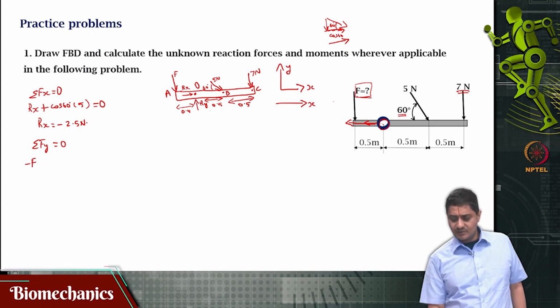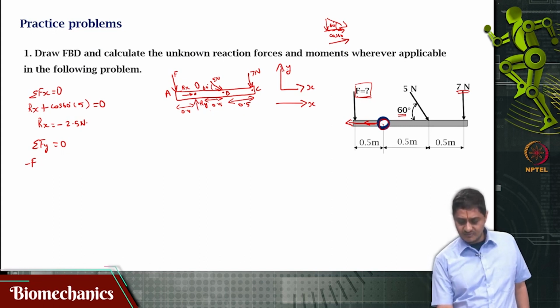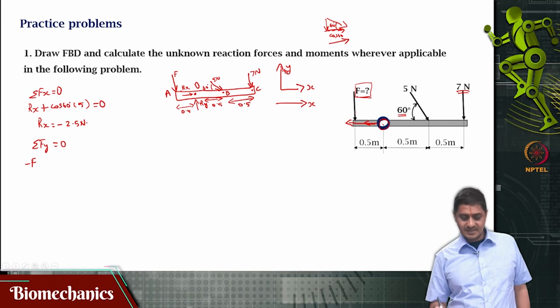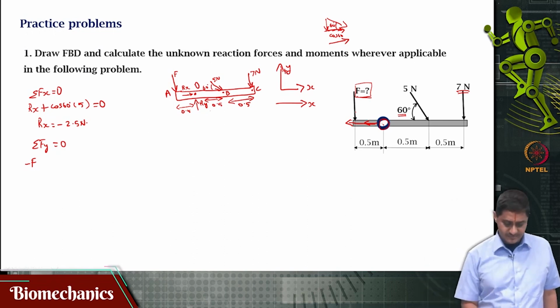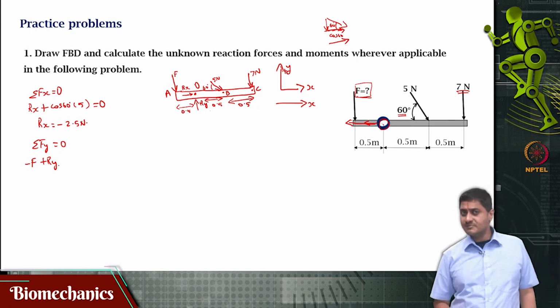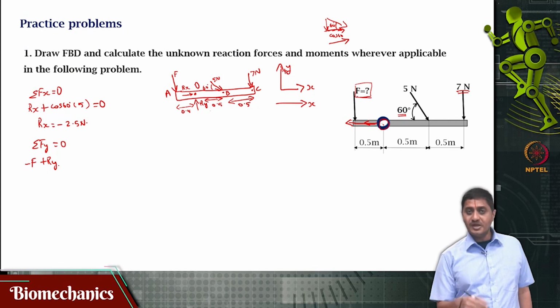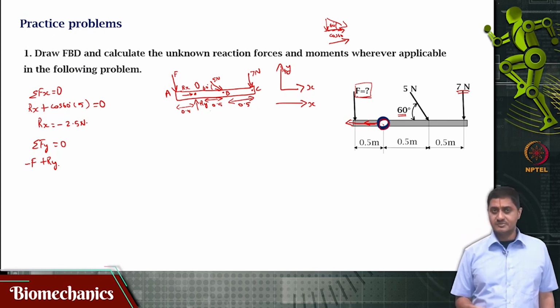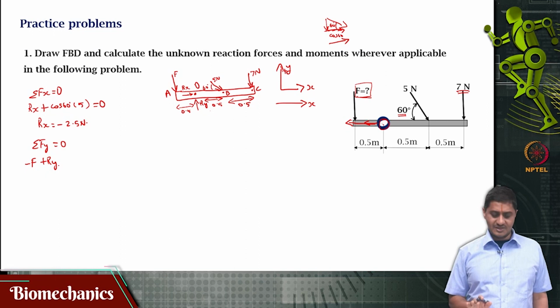Because F is in the negative y direction, because this is positive y. So, minus F plus Ry. Why is Ry in the positive direction? Because I have assumed Ry to be in the positive y direction. You always assume the unknowns to be in the positive direction.